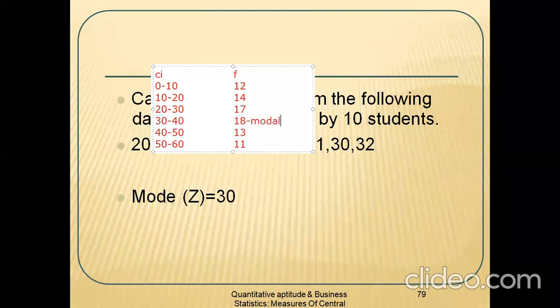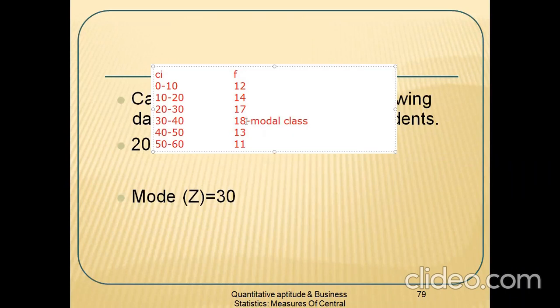In the median we use the median class; in a similar way here, we consider the modal class. Whichever class interval has the highest frequency, that entire class interval is said to be the modal class. After considering the modal class, the first point is the lower limit. Can you tell the lower limit of this class interval? The lower limit here is 30.